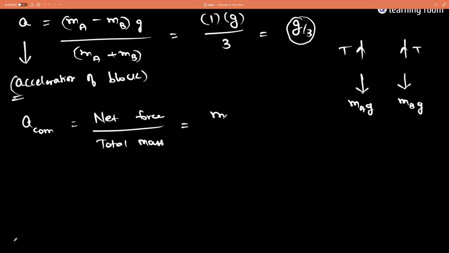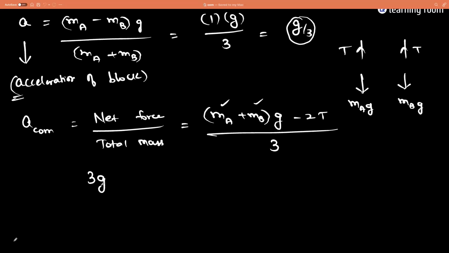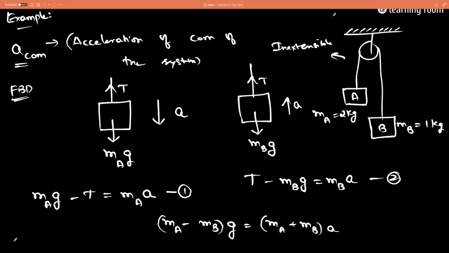So the net force will be (M_A plus M_B) g minus 2T, the whole divided by the total mass of the system, which is 3. So (M_A plus M_B) g is 3g, minus 2T. Since you know the acceleration of the block is g by 3, can you find the tension and tell me?